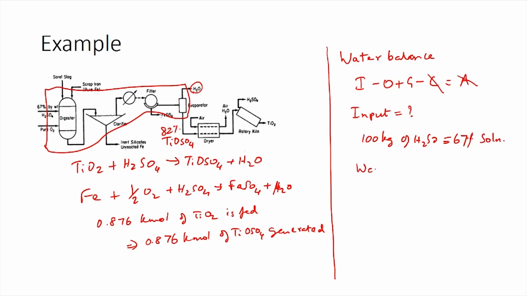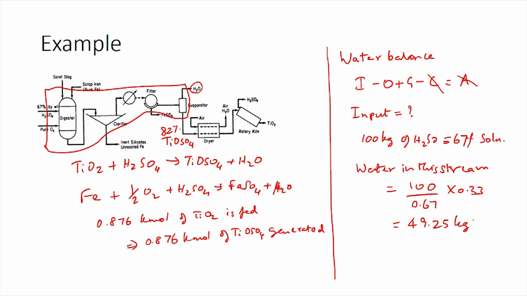So, water in this stream would be 100 divided by 0.67 times 0.33. This gives you a value of 49.25 kilograms. So, 49.25 kilograms of water is fed through the H2SO4 stream.